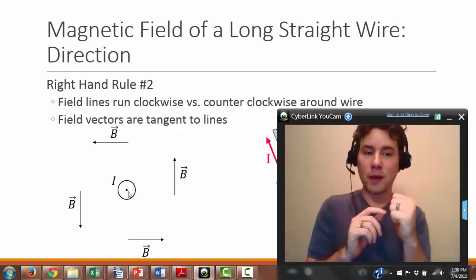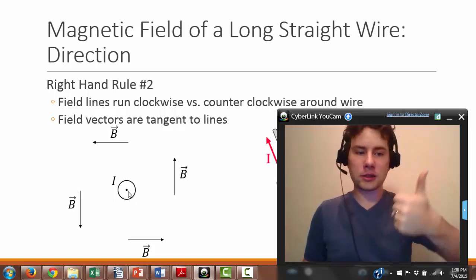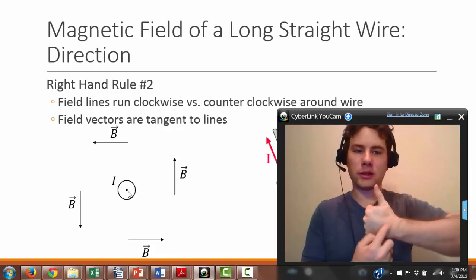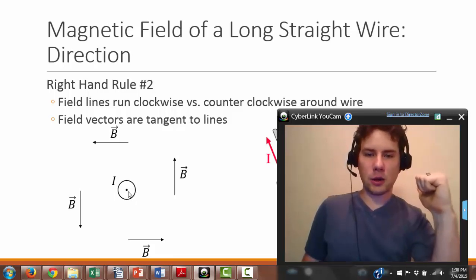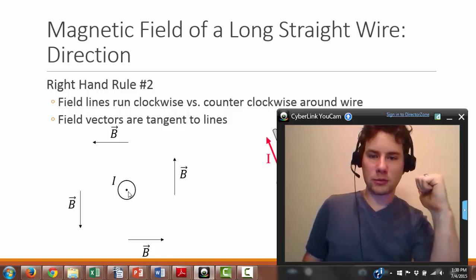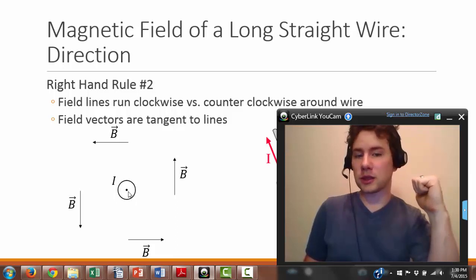I want to have my thumb point in the direction of the current. I always do that thumbs-up thumb where it points directly out. Now my thumb is going to point out of the page. And now I have to ask, where do I want to know the magnetic field? The direction of the magnetic field depends on its location. In some places it's to the left, some places it's down, some places it's up, some places it's right.